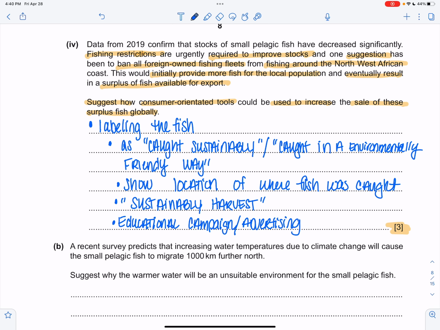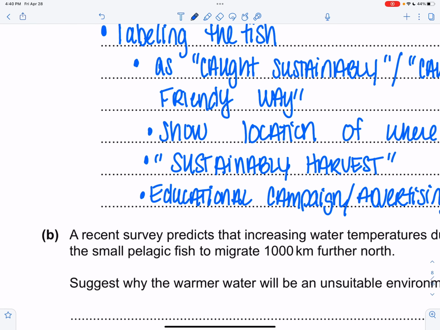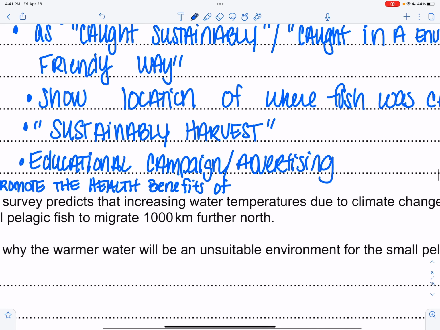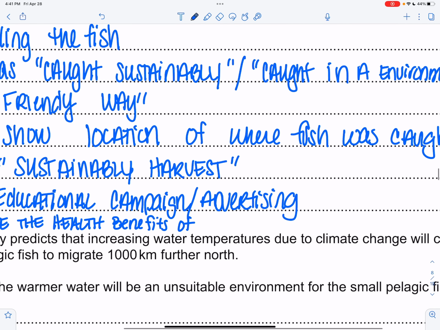A couple other things. Within the educational campaign or on the labeling of fish, you could promote the health benefits of eating fish, like it's rich in omega-3 fatty acids.